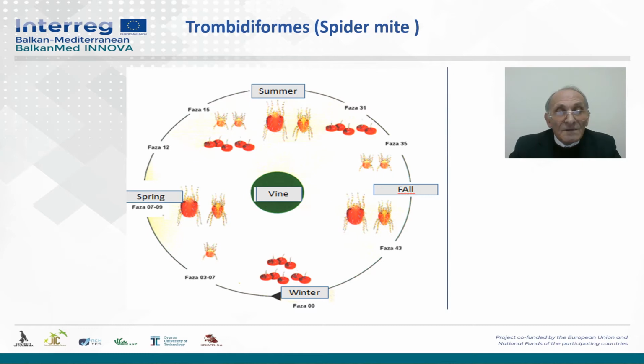In the spring we have the first larva, and many stages until the summer generation, and we have the fall generation. Later, the females lay the eggs on the branch as winter eggs, and so the cycle continues within the season. During the season there are 5 to 10 generations according to the climatic zone.